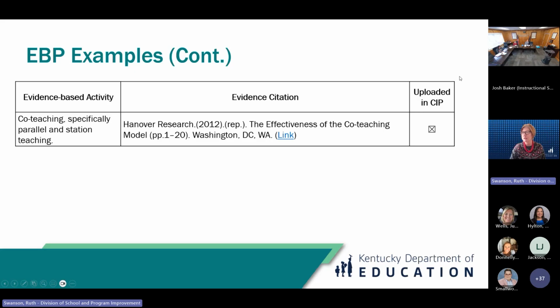We did notice that this last column that says uploaded in CSIP should not be there. It's not on the addendum. So I apologize for that being on the slide. You do not have to upload that particular study or any other documentation with it, but you'll name the activity and you'll provide a citation so that that study could be accessed.